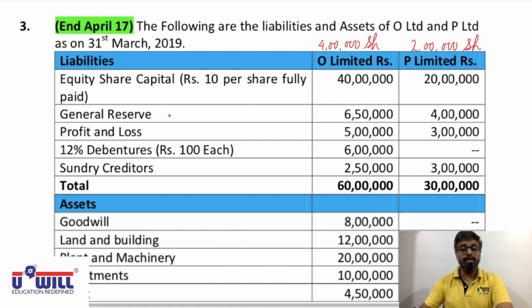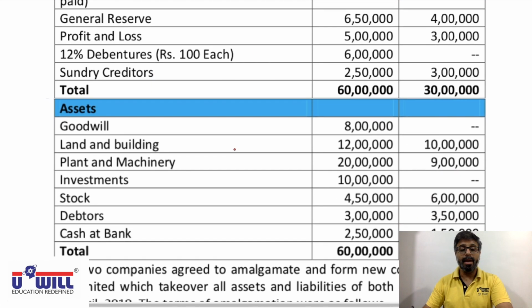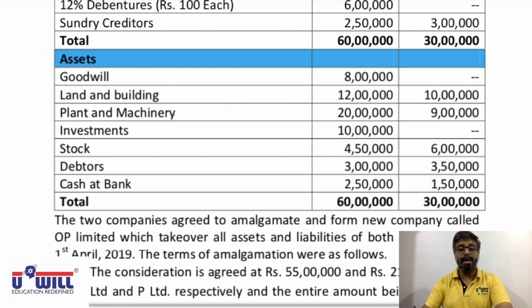General reserve, profit and loss. Profit and loss is a positive figure, which means it's a credit balance. 12% debentures and sundry creditors, these two are external liabilities. And in assets we have goodwill, land and building, machinery, investment, stock, debtors and cash at bank. Cash at bank means bank balance.